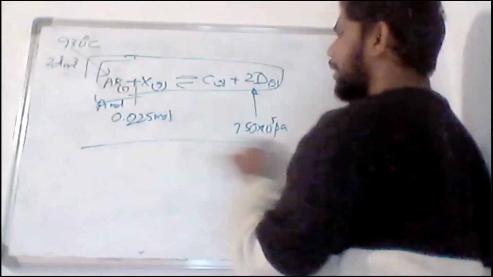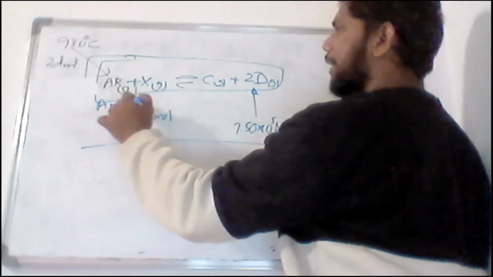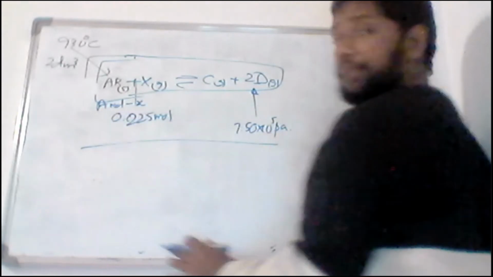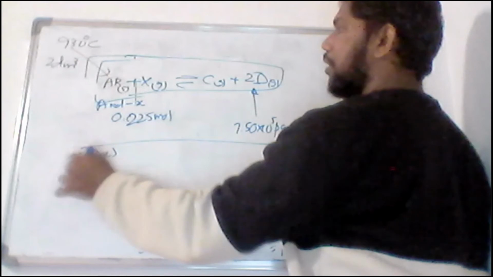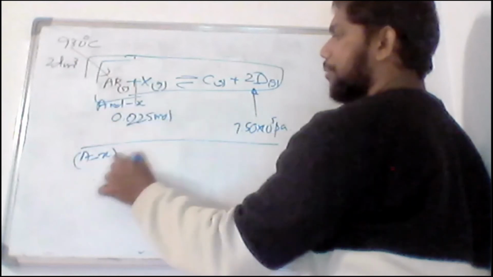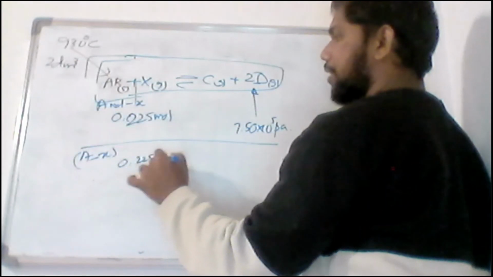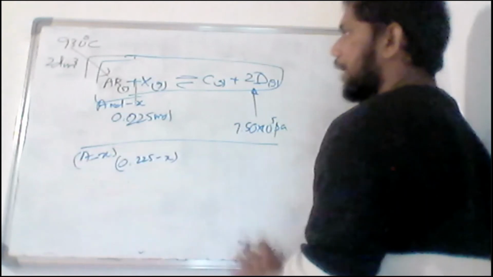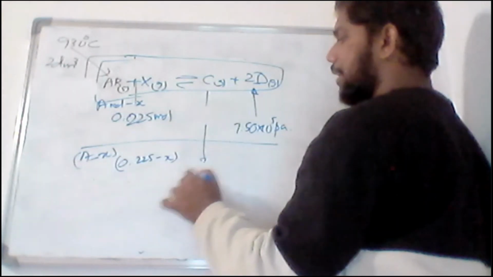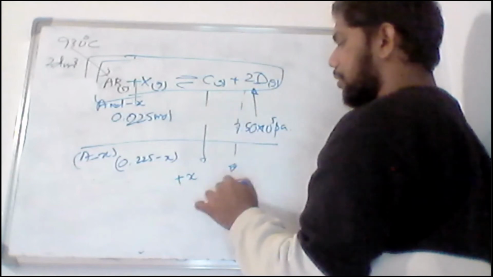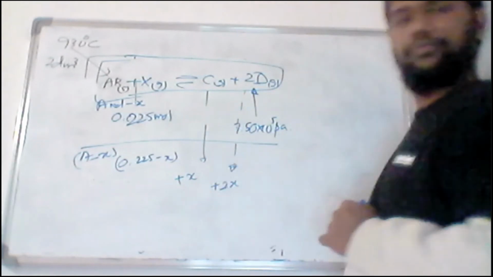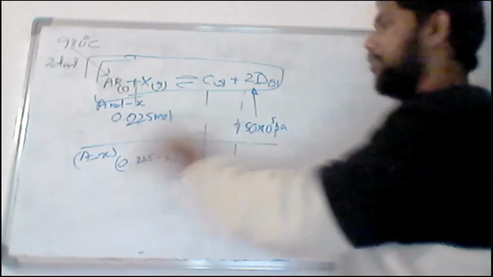And at equilibrium, this would be, let's say, reacting X moles for an example. We don't know. So this could be A minus X for AB solid. X gas will be 0.225 minus X. And C will be X forming. And D will be 2X forming. Okay. This is at equilibrium.